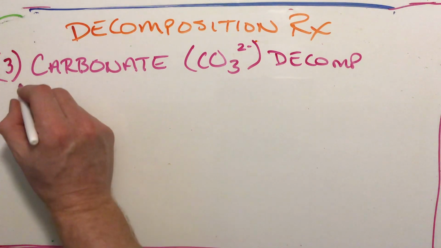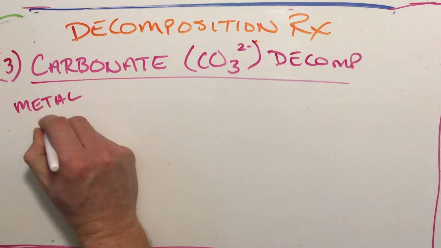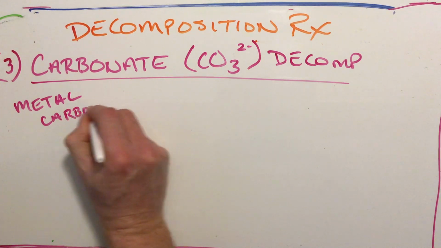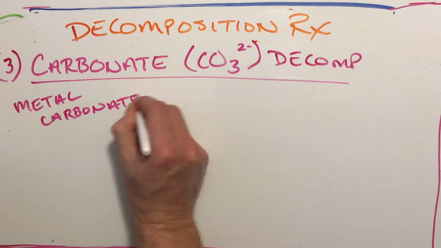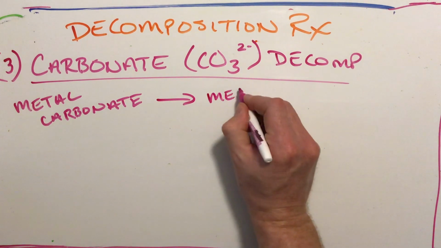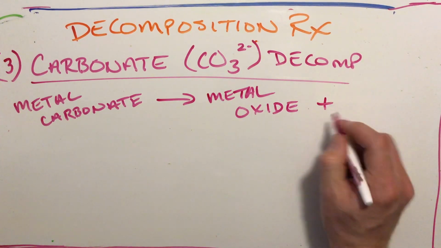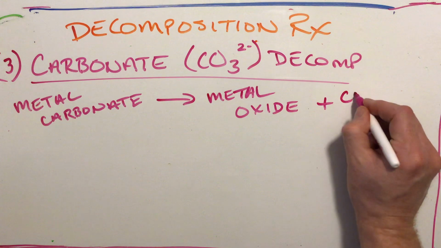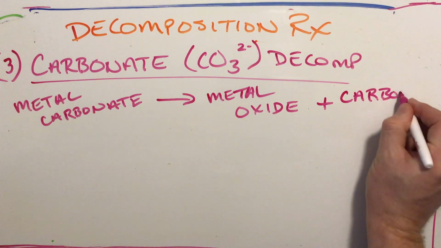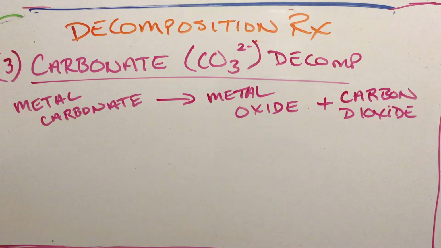So what we see here is a metal carbonate, and it's going to break down and give us a metal oxide and carbon dioxide. Hopefully my penmanship isn't too terrible. So that's the pattern we're looking for.